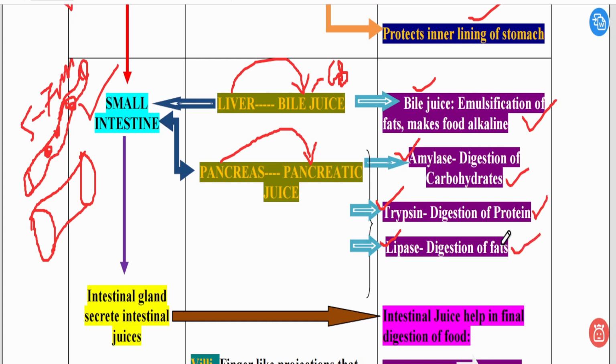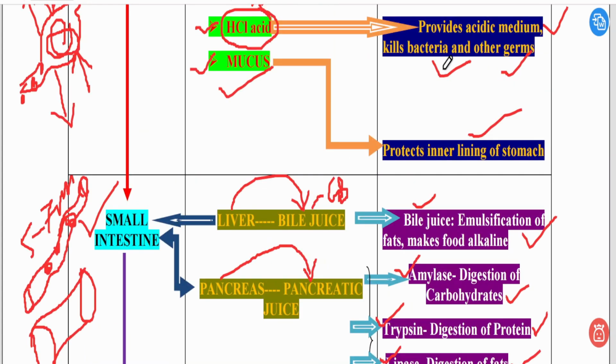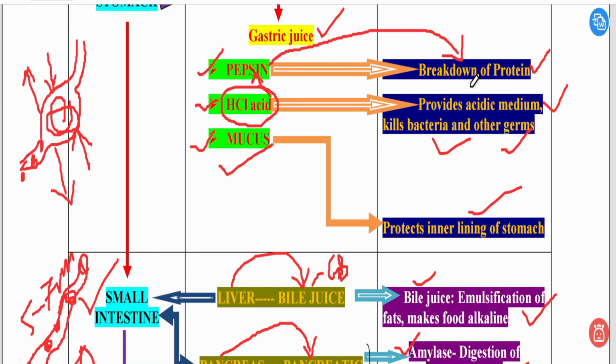Now see, digestion of protein already occurred in the stomach. When the gastric juice gets released by the gastric gland, it consists of pepsin, and with the help of the acidic medium, the pepsin gets activated, and then breakdown of protein takes place.